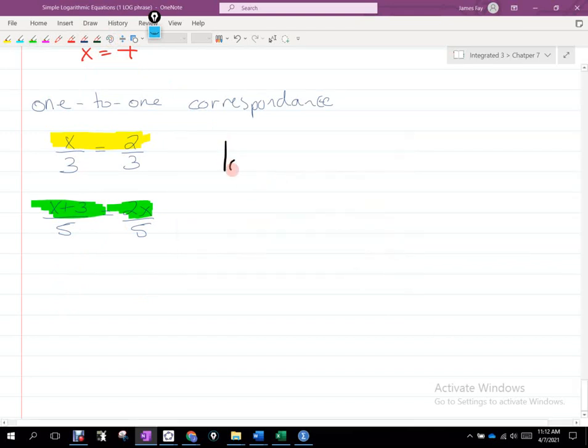If I have the logarithm of, let's call it u, and that is equal to the logarithm of, I'm just going to say z, where u and z can be algebraic expressions. They can be 2x plus 5. They could be 19. They could be whatever we want them to be.